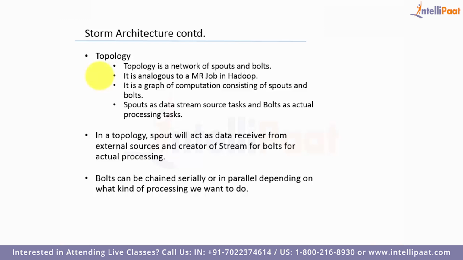If I need some further processing on that data, I will feed it to another bolt, which will receive the output of the first bolt, process the data and write it further. The output from the second bolt can again be the input to another bolt, or it can be the final output that I want to write to my destination system.